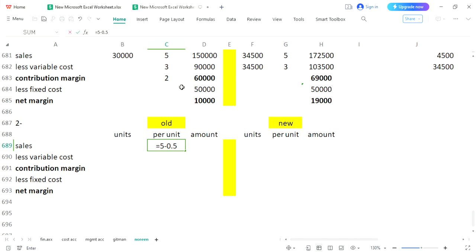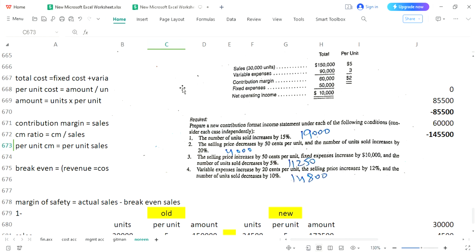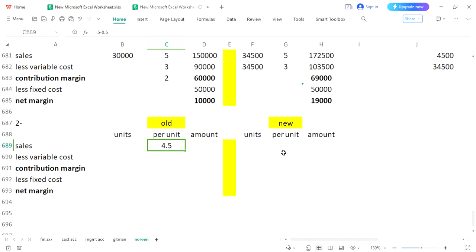So that would be 50 divided by 100, it would become 0.5, and he is saying to decrease the selling price. Let's see again, selling price decreased by 50 cents. 5 was the original price and 50 cents had been decreased. Now your selling price would be 4.5.